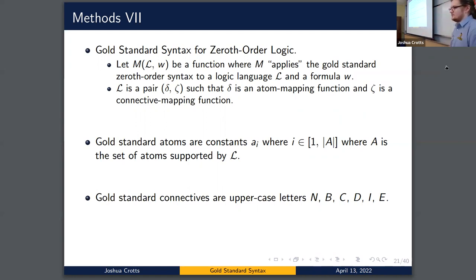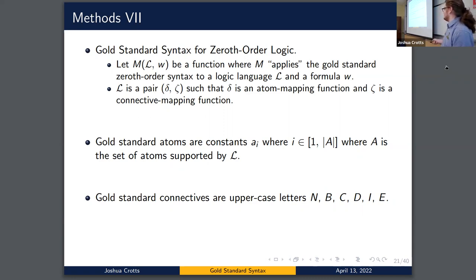You only have connectives and atoms, so you don't need a whole lot to go from one language to another. We define atoms by this function zeta, and the connectives are mapped using the function delta.